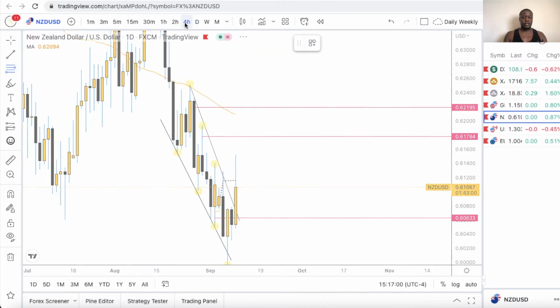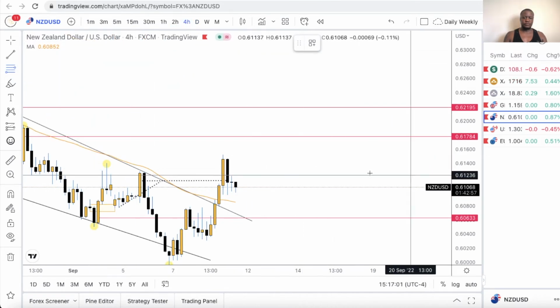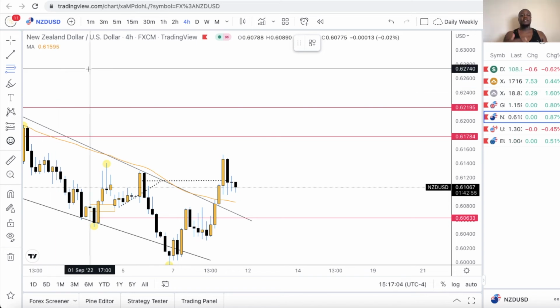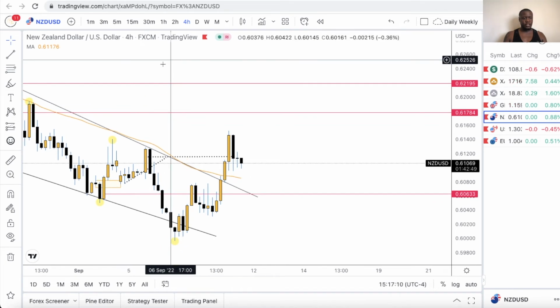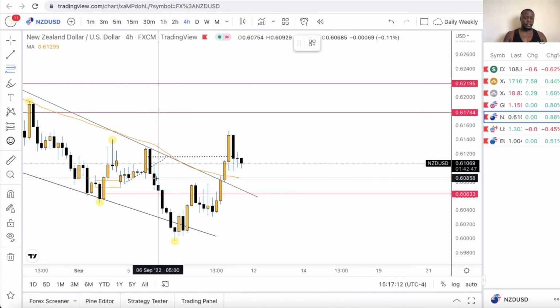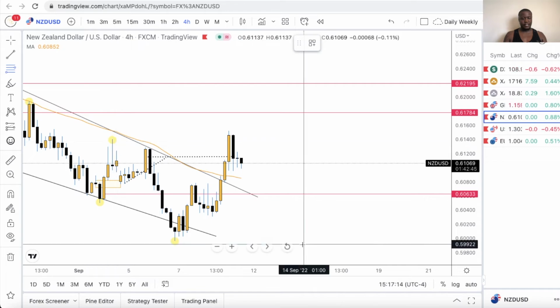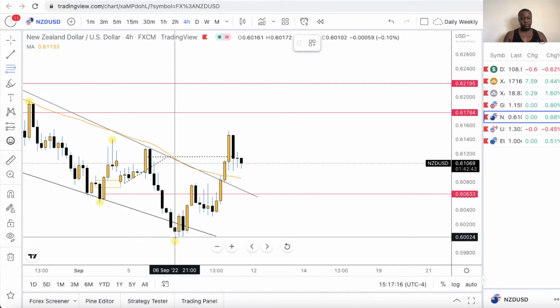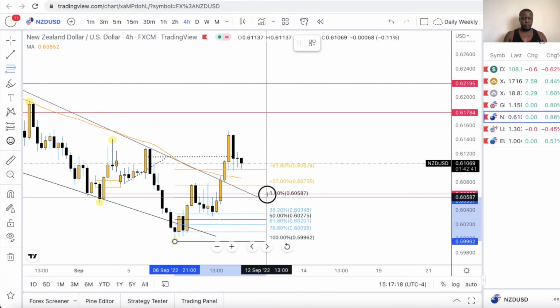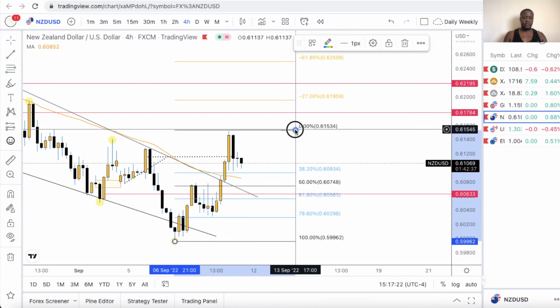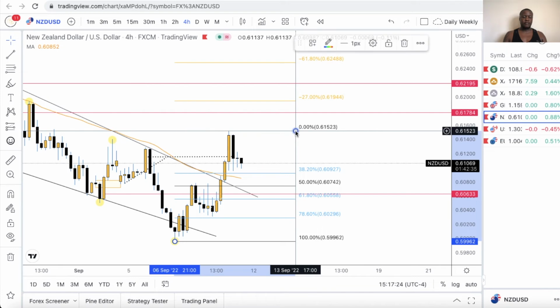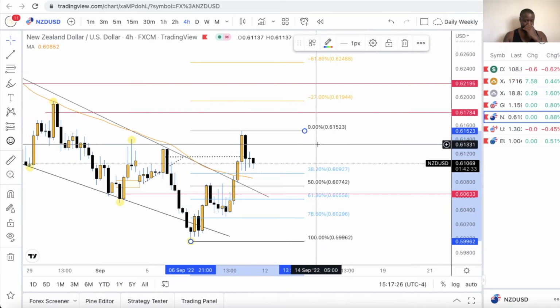So go back to the 4 hour. This is going to be a possible setup for next week on the New Zealand dollar. So we had this high violated. So now we could go possibly from low to high, since we are now somewhat bullish looking at the 4 hour.